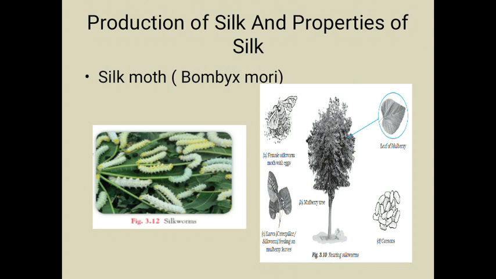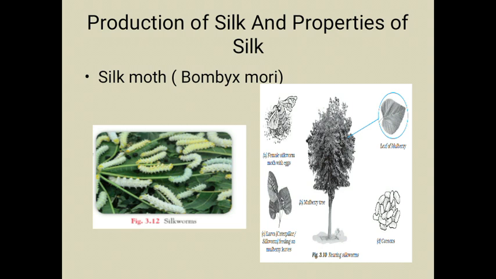They feed on chopped mulberry leaves for 20 to 25 days. When the silkworms are about 25 days old, they become 10,000 times heavier than their first stage. Now they are ready to spin the silk cocoon.